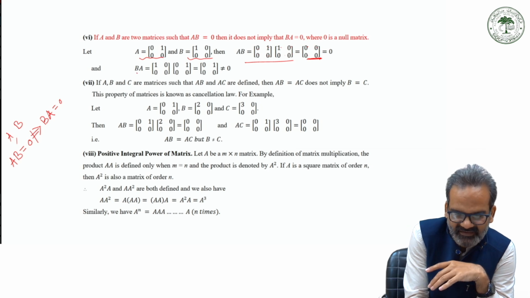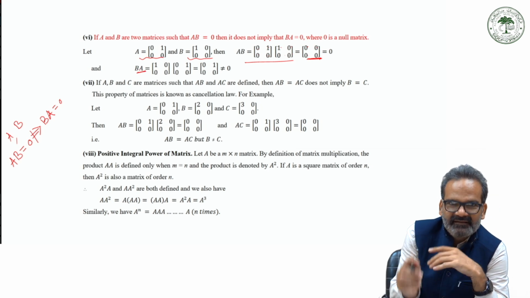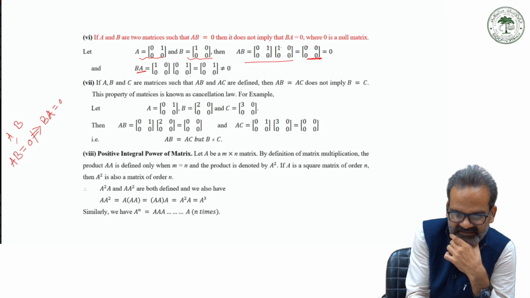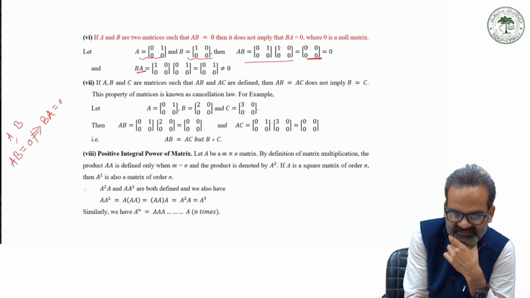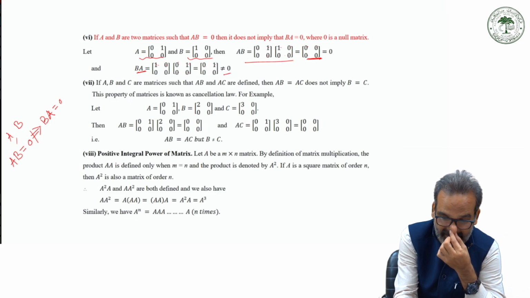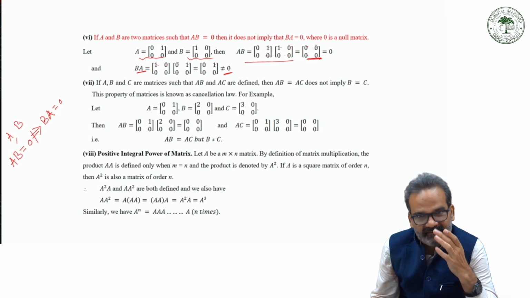But if we reverse the order, BA, then this product C, take the first row 1 0 multiplied with 0 0, 1 0, 1 into 0 is 0, 0 into 0, this is 0, 1 into 1 is 1, 0 into 0 is 0, so this is 1, this all 0. So this is not a zero matrix.